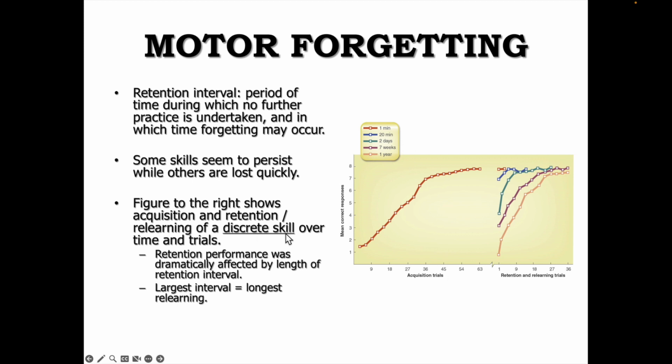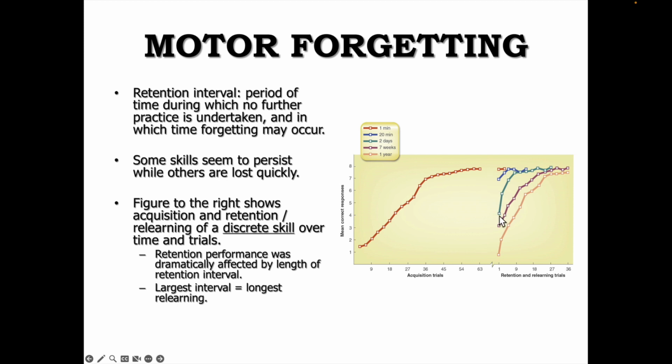What you can notice here is that the shorter the retention interval, meaning the shorter amount of time between stopping the practice and starting the test, the less of a drop-off we had. There was less motor forgetting in the group that only waited 1 minute before retesting compared to the group that waited 2 days.